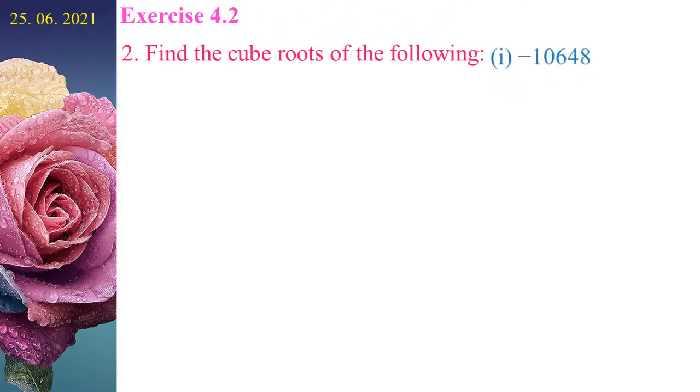Let's see exercise problem. Now we are going to learn how to find the cube roots of negative integer minus 10,648. Cube root of minus 10,648 equal, first we should write the given negative integer minus 10,648 as the product of minus 1 and a positive integer 10,648.